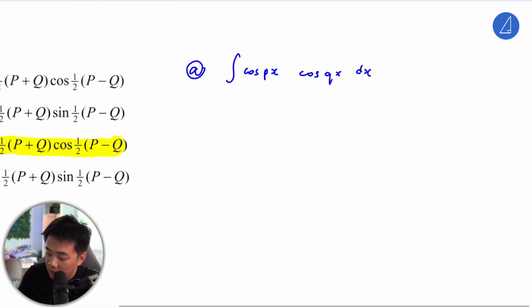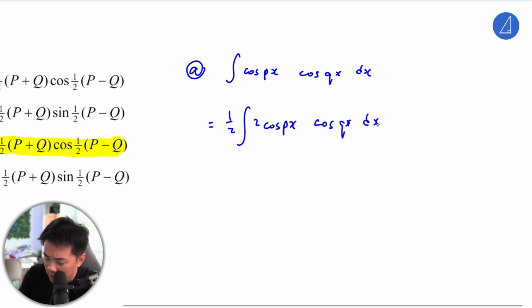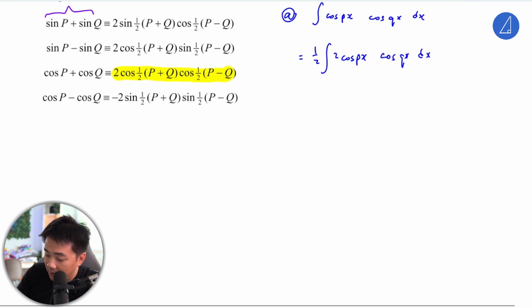For the first part, integrating cosine px cosine qx, what we usually do is multiply by a half, then 2, and cosine px cosine qx dx. From the left-hand side, what we need is to get to the p and q here.